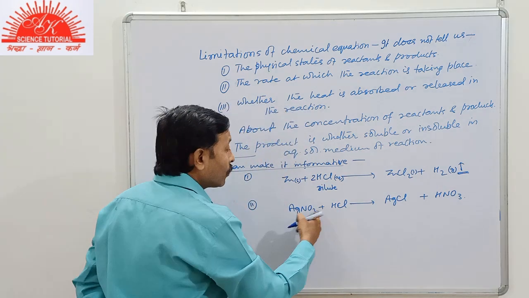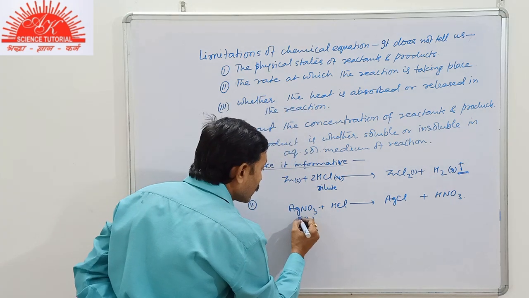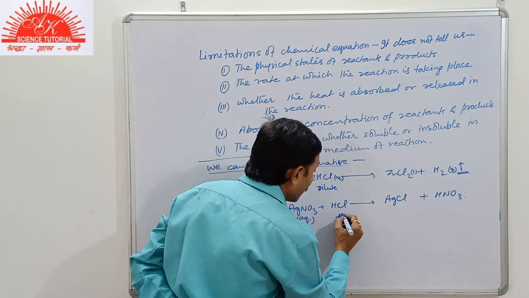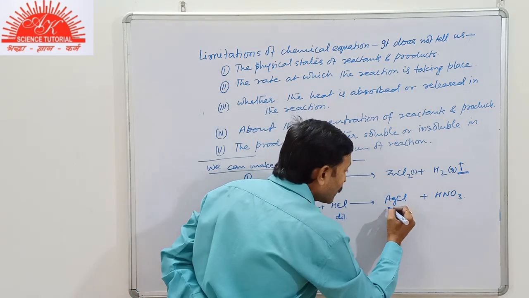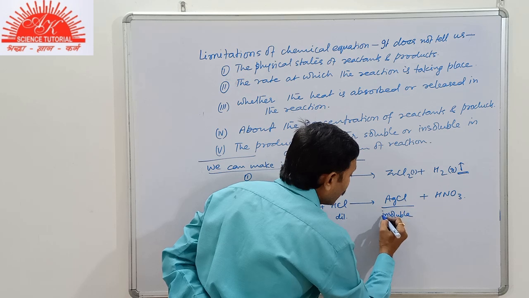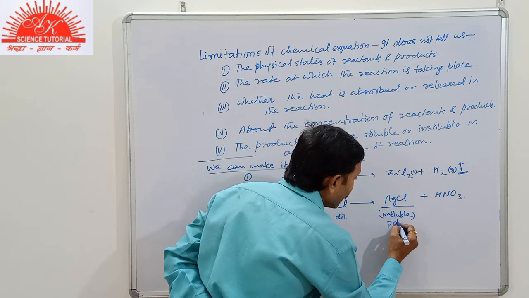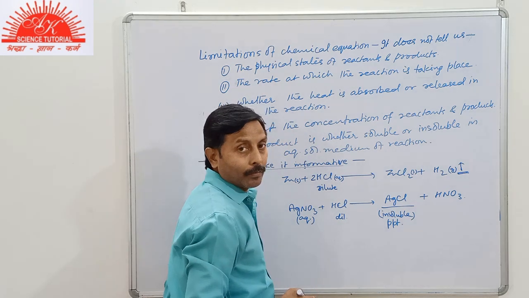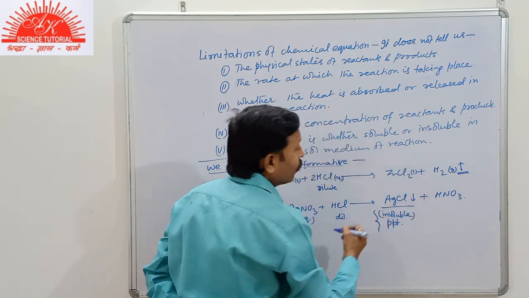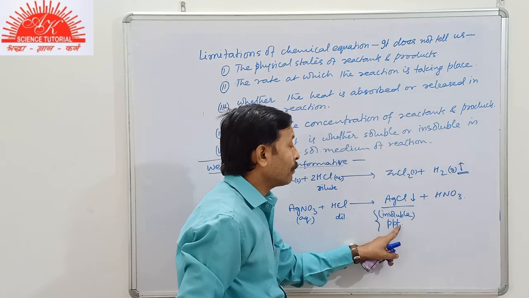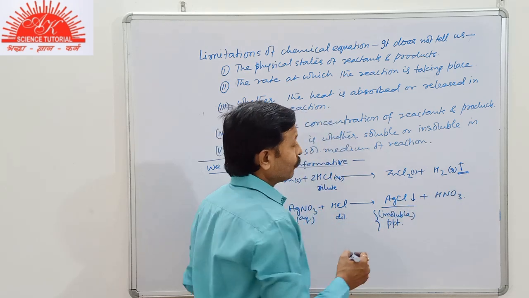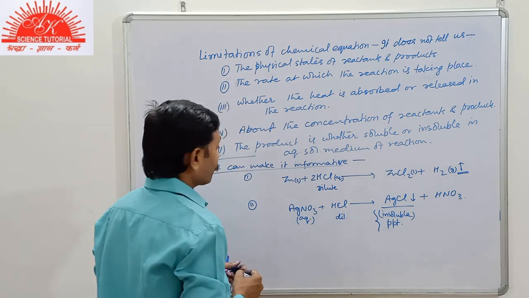Again, the two reactants should be in aqueous solution. This is dilute acid, we can write here. This is insoluble, and if it is an insoluble product, then it is called a precipitate. We need not write it like this, but if you put a down arrow, then the down arrow represents a precipitate, the up arrow represents a gaseous product, and this is again in aqueous solution.